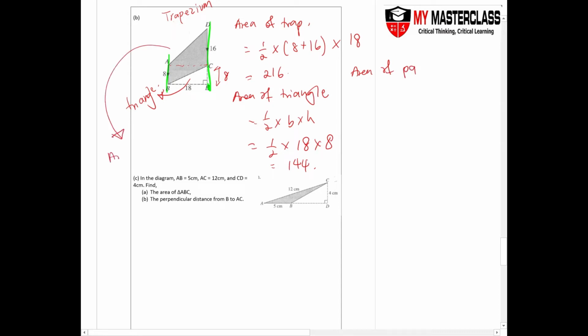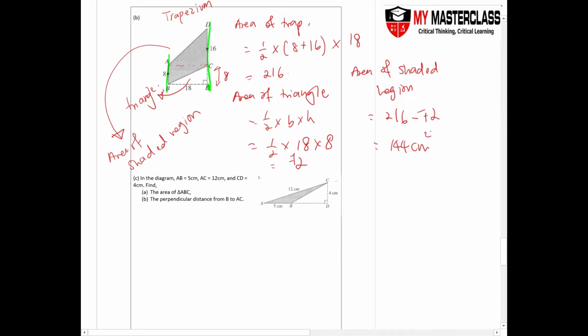This one should be area of shaded region, which would be 216 minus away 72, to give you a final answer of 144 cm square. Yeah, then this makes sense.